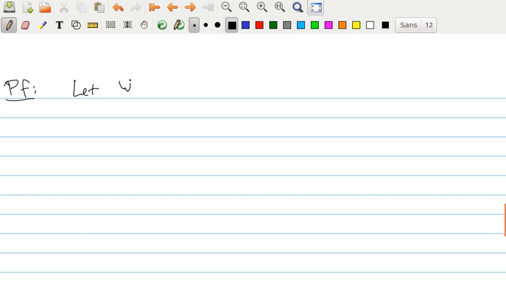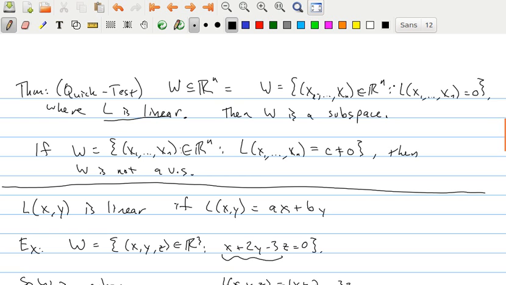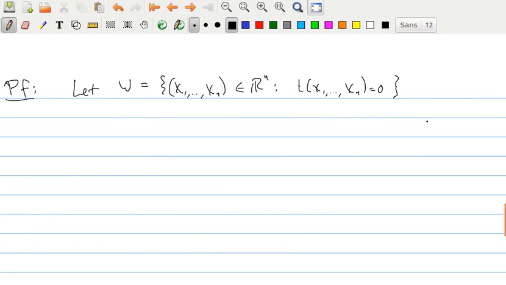Let W equal the set of x1 through xn in Rn, so that L of x1 up through xn equals 0. That's the statement of the theorem, that W is the set of all vectors in Rn so that a linear function applied to those equals 0. I want to show that this is a subspace.